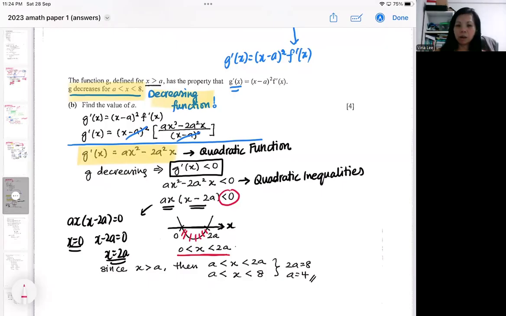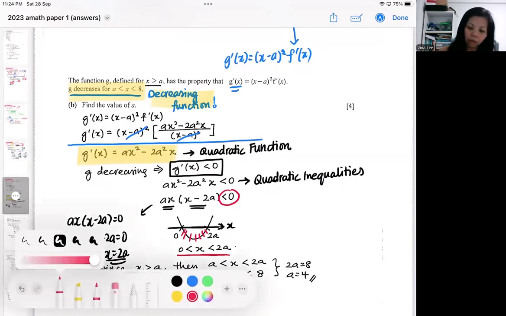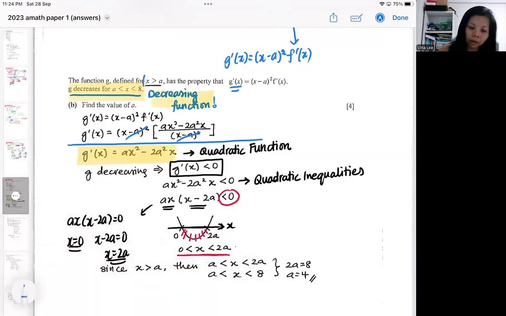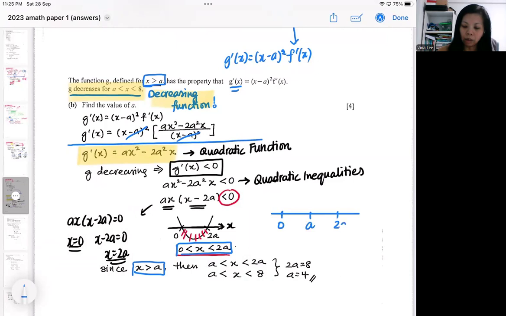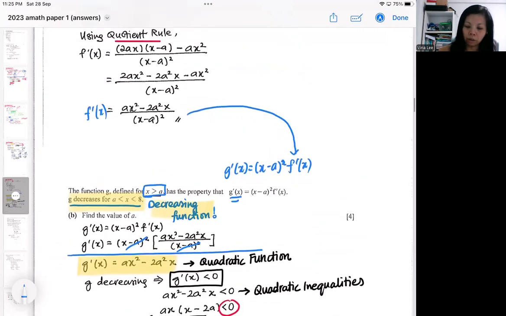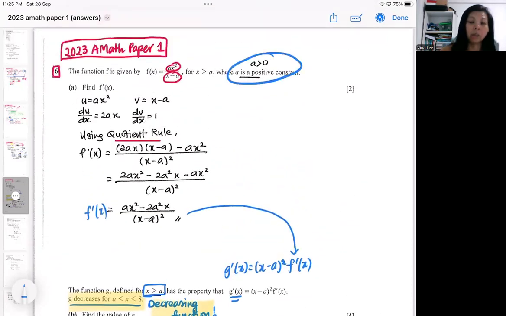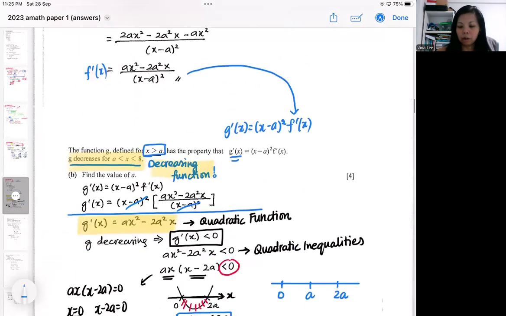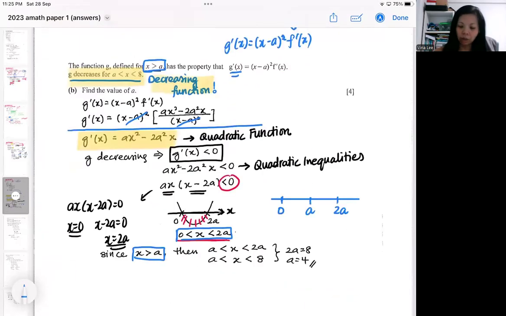After you shade this part, you have to look back at the condition. It started off with x greater than a, so you have to combine these two. If you have problems combining, you might want to see it this way: something like a and 2a, because at the start of the question they already say that a is positive. So I just know that it's twice of each other.